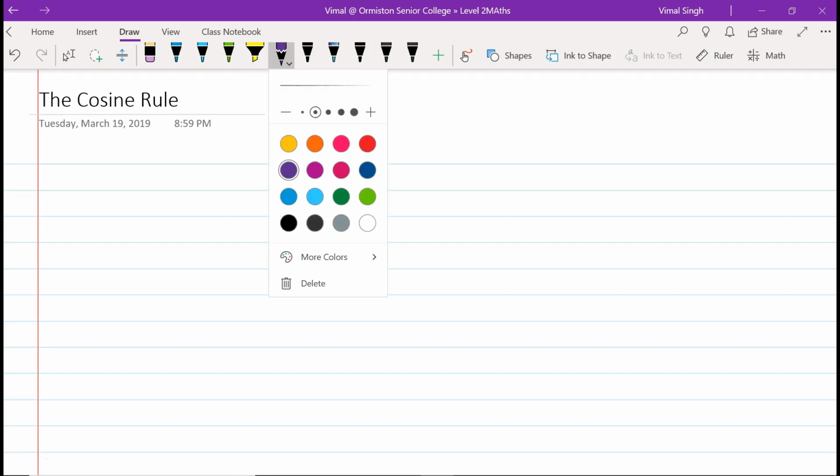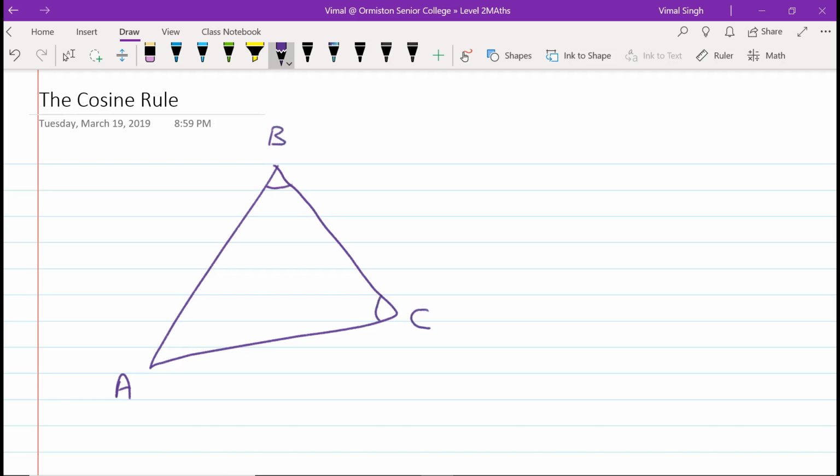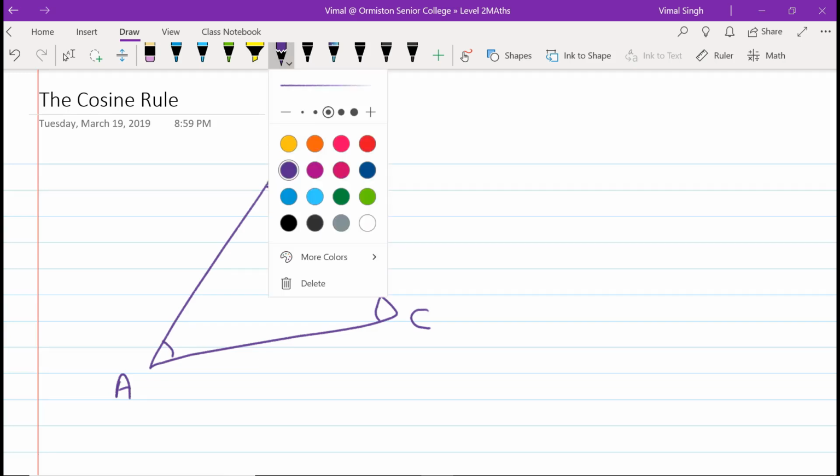let me draw a triangle over here. Okay, so if I have a triangle over here, I'll do something like this. I am going to label this as A, B, C. So these are the angles, and the sides opposite to that I am going to label using a different color.